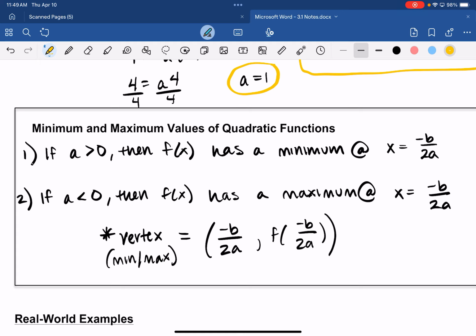If the coefficient is negative, it's a maximum. That last little star bit is helpful if you get stuck on how to find the vertex. It gives you the formula for x, and then shows that we plug that number into our equation to find our y value.